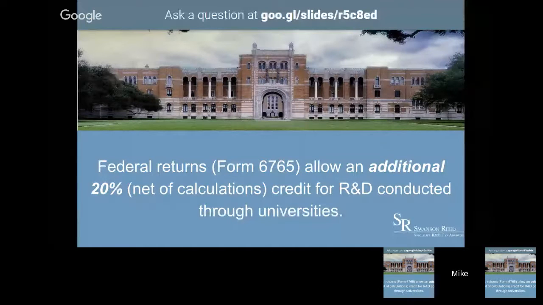And the kicker is that the preferential rate applies not just to the college expenses, but to all of your expenses. So it's very advantageous in Texas, at least, to work with a university. I'd go out and work with a university, make a little $1,000 contract with them if you've got many other expenses to count too, because that $1,000 expense with a college will get a better rate that will apply to all of your QREs.